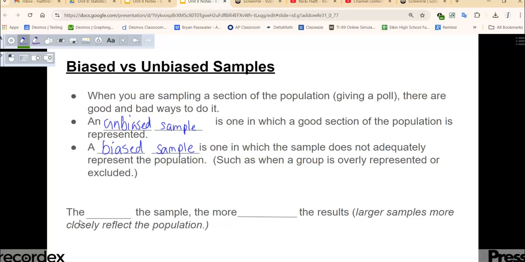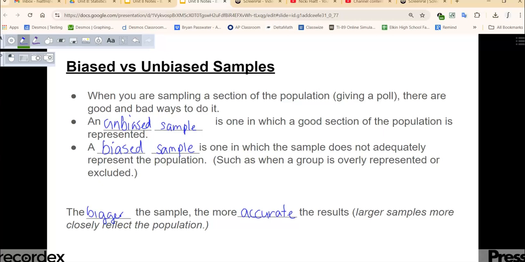In general, one rule that you can know about sampling is that the bigger the sample, the more accurate the results. So larger samples are going to more closely reflect the population.